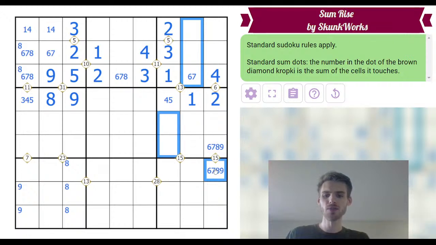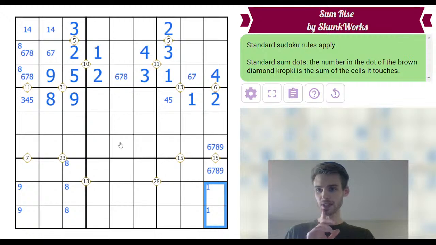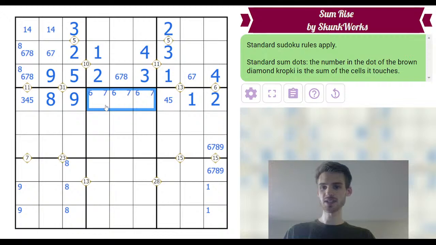Something to say about that digit going in here, but not too much to say. I'm just going to put 1s down here, and then we will ponder these cells, because those definitely need a 6 and a 7 in them. And the other digit that is not the 11 one.